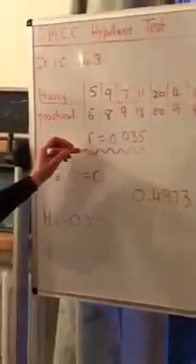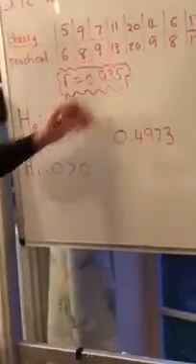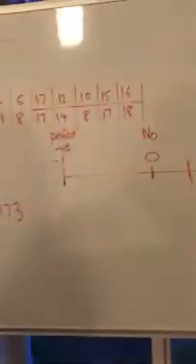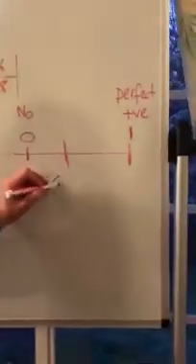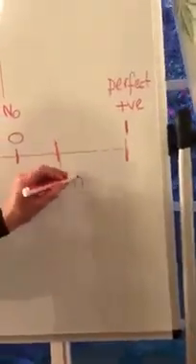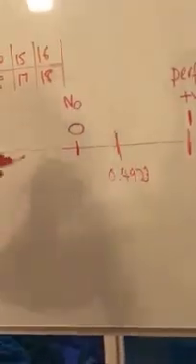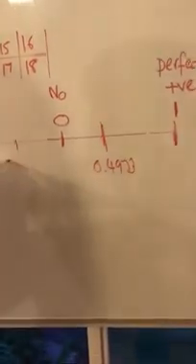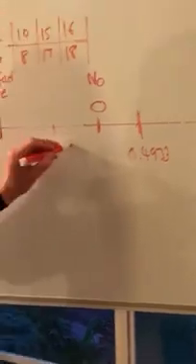What we then do is check if the value we got from our sample falls in the critical region. Here are your cutoff points. Remember, this value will change depending on how big your sample is. My cutoff point here is 0.4973, or if I was worried about negative correlation, which I'm not in this case, minus 0.4973.